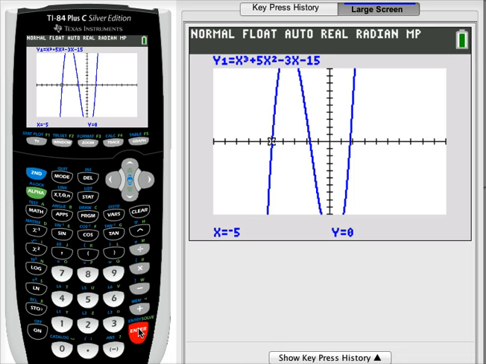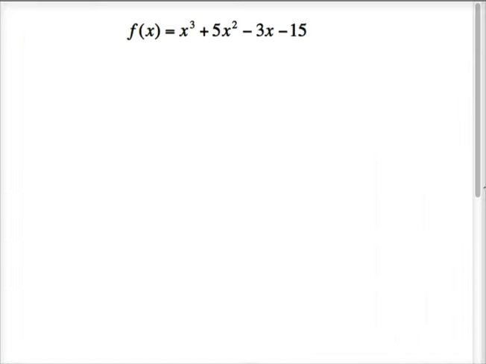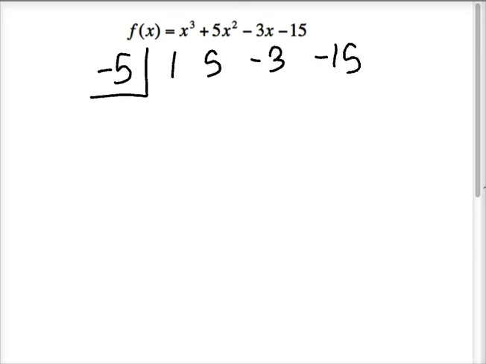Now that I have that as one of my solutions, I'm going to use synthetic division to pull that solution out, and I can solve what's left of it. 1x cubed plus 5x squared minus 3x minus 15.